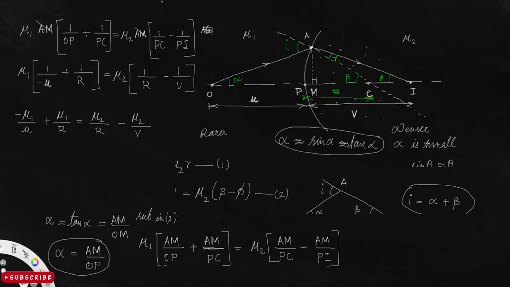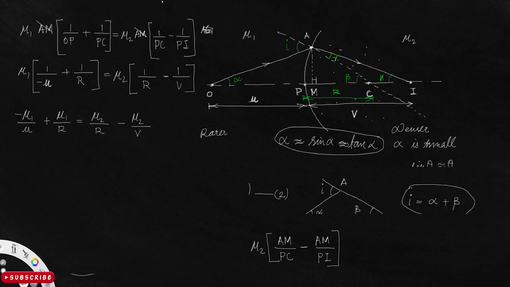Now rearranging this equation, bring this v to the left so that this minus will be converted into plus, so that mu2 by v minus mu1 by u is equal to mu2 by r minus mu1 by r.